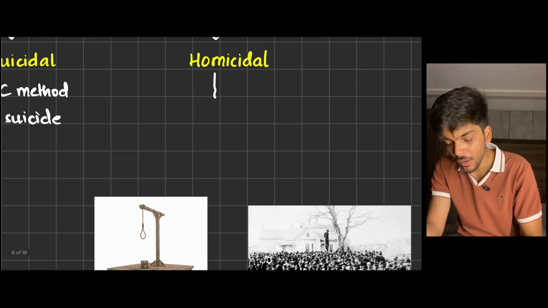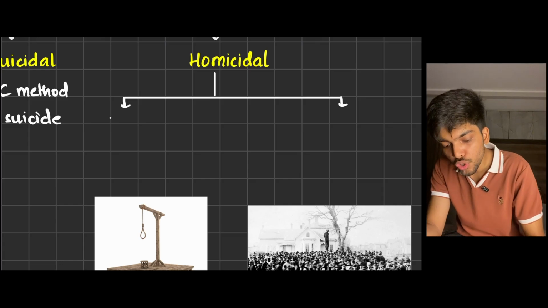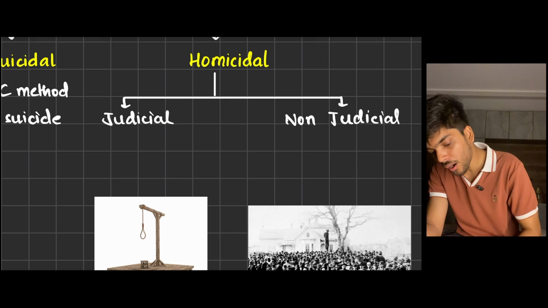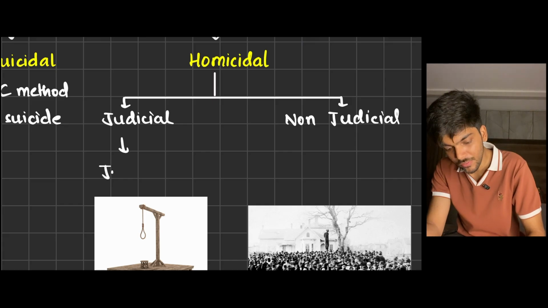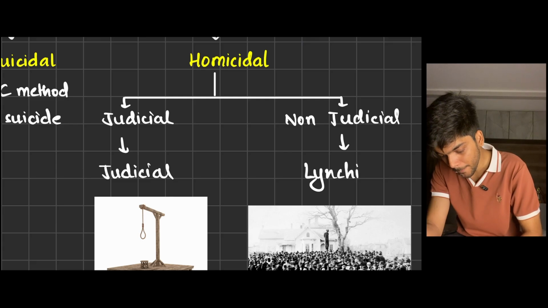Now, under homicidal as well, you have two types. You have judicial hanging and non-judicial hanging. Under judicial hanging, you have judicial hanging, and under non-judicial hanging, you have lynching.